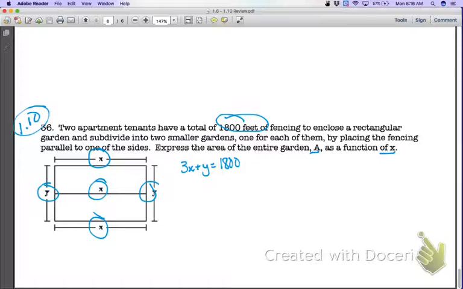So since we want it in terms of A of X as far as the function, that means I want to solve it for Y. So I'm going to have Y equals 1,800 minus 3X.